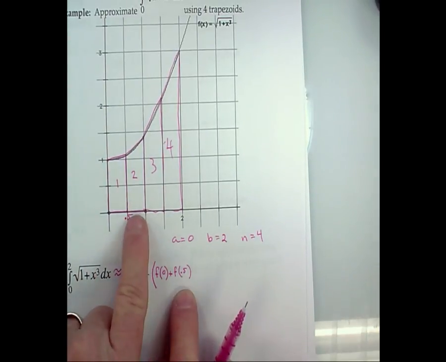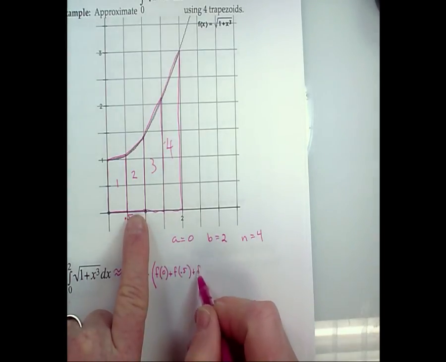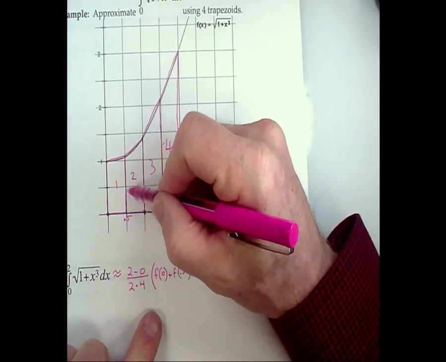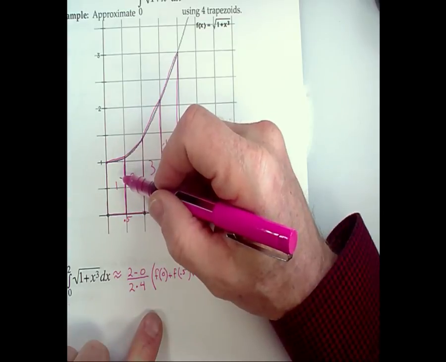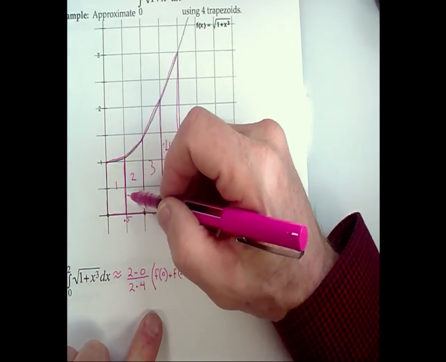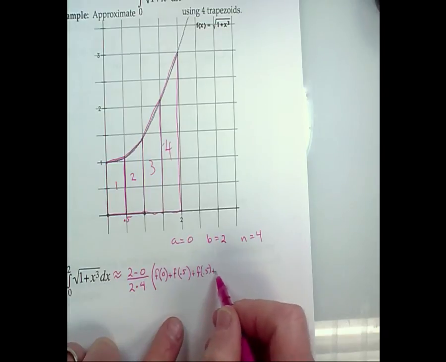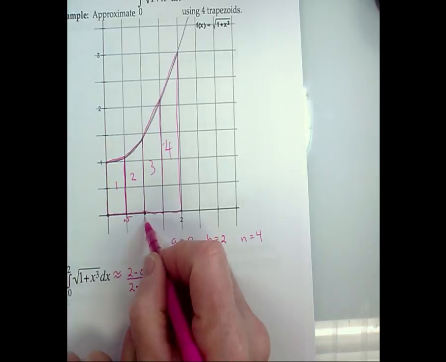Now I'm going to do the next trapezoid. And it's going to be f of 0.5, because they share this side, right? They're adjacent. It's the right side of the first trapezoid. It's the left side of the second one. Plus f of 1. So if I go 0.5 over, I'm at 1.